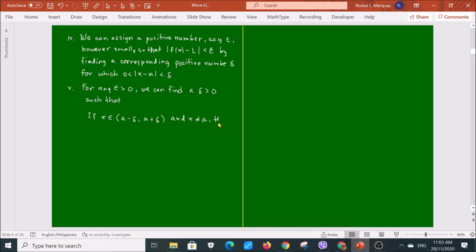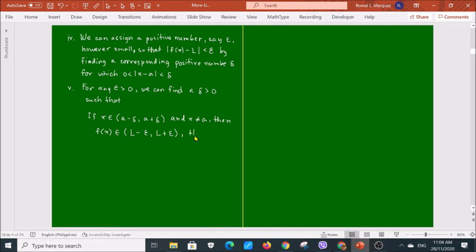then f of x is in this open interval L minus epsilon, L plus epsilon. Okay?